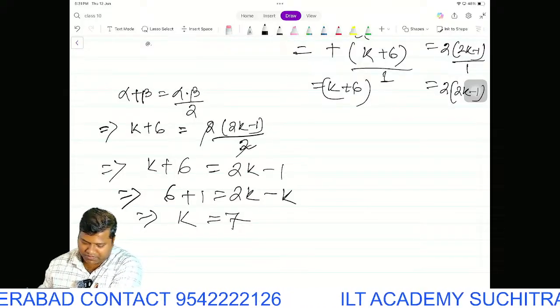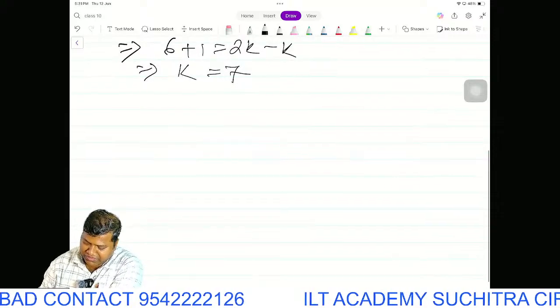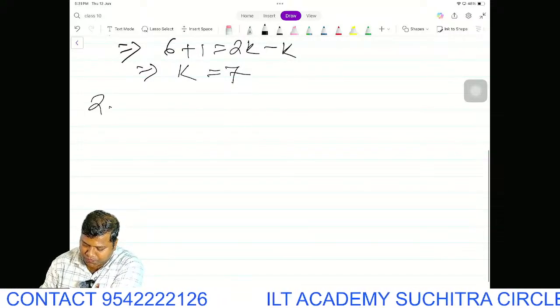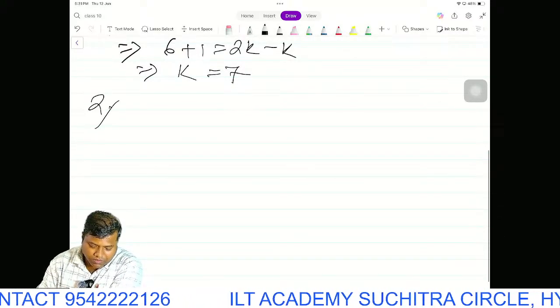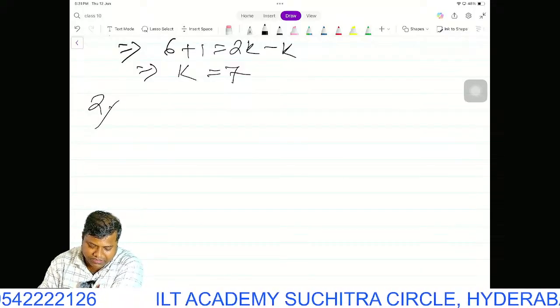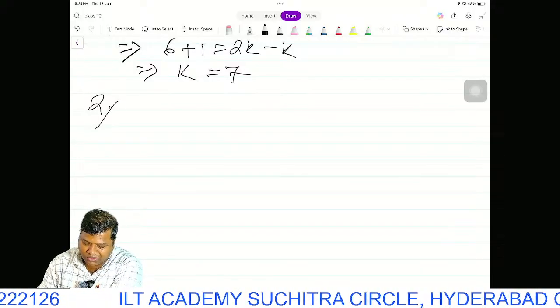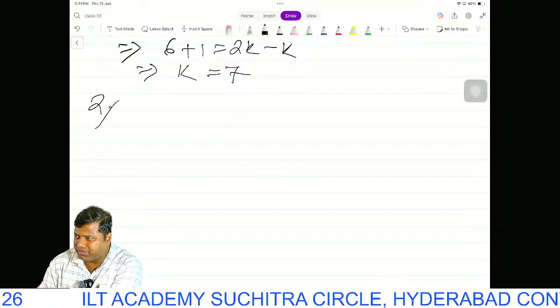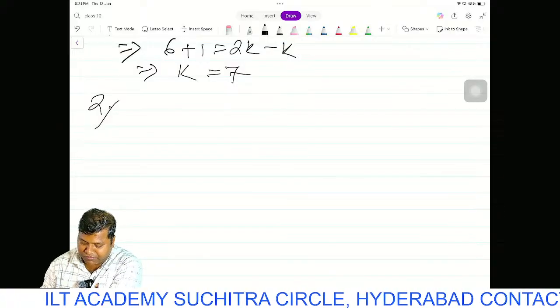Done? Okay. So the next one, question number 2. Question number 2 was: find the zeros and verify the relationship between the zeros and the coefficients. Now what was the equation?